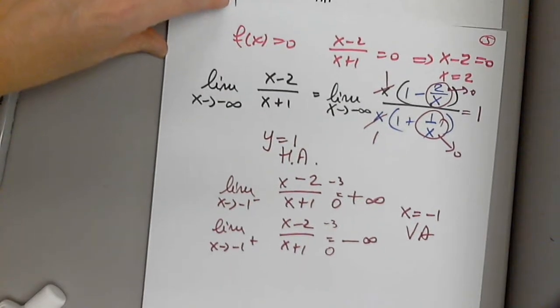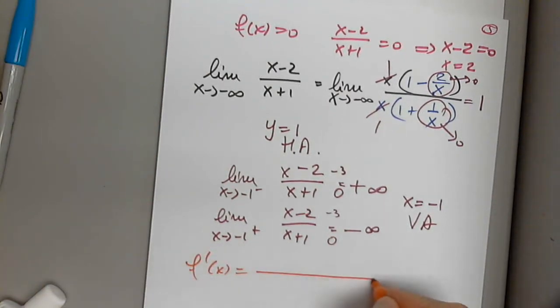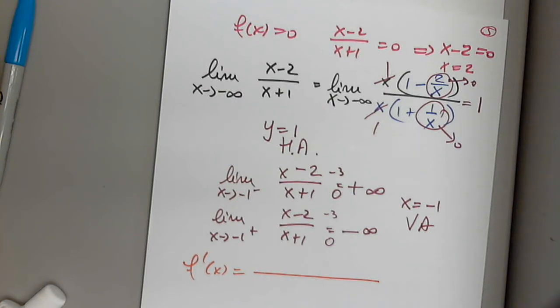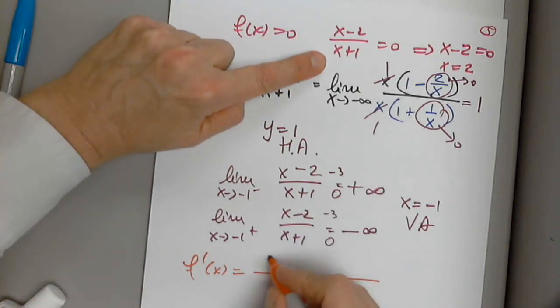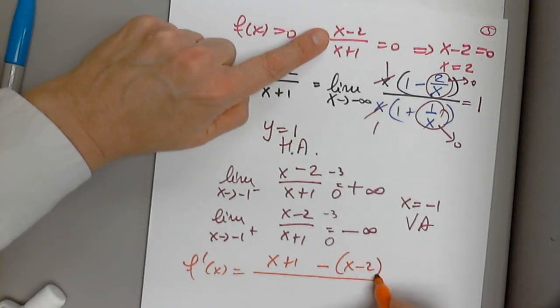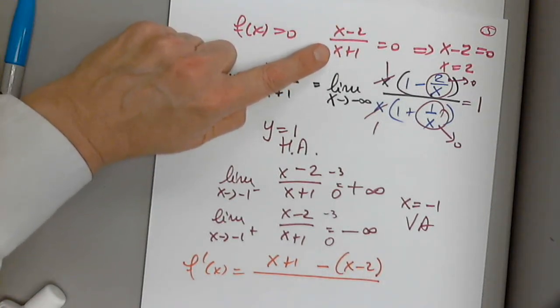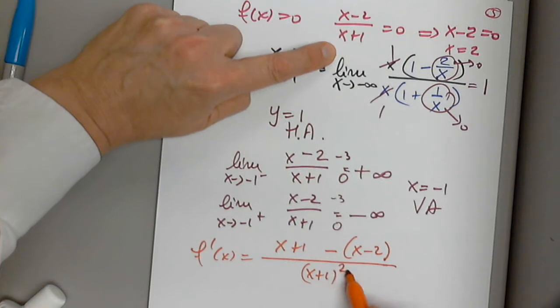Okay, let's find the first derivative. F prime of x. Remember, we have to use the quotient rule. The top function prime, how much? 1, times the denominator, minus the top function times the denominator prime, 1, over the denominator squared.